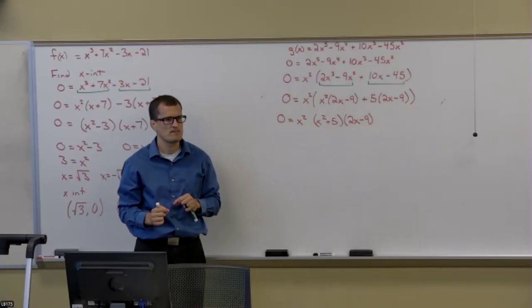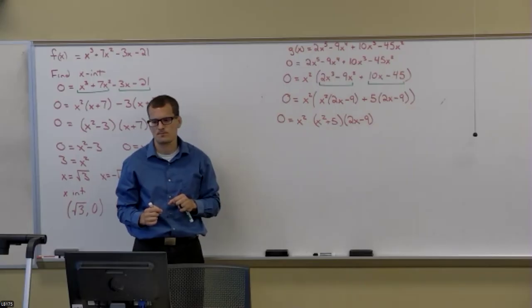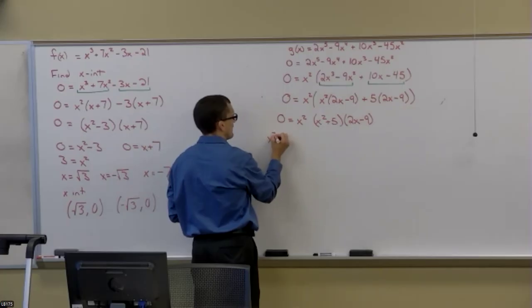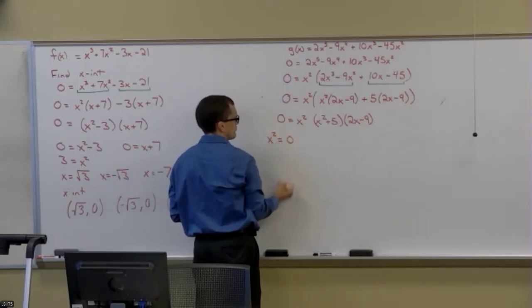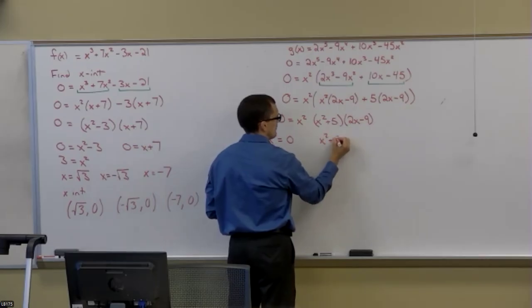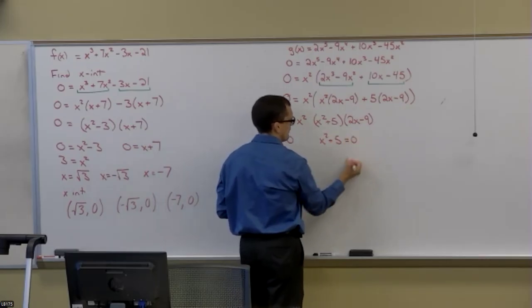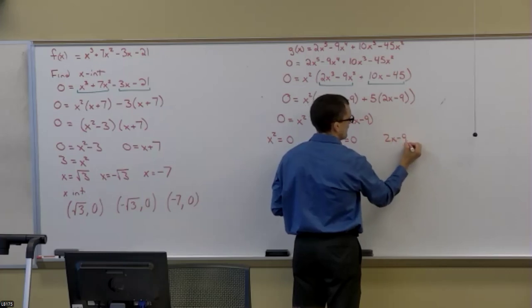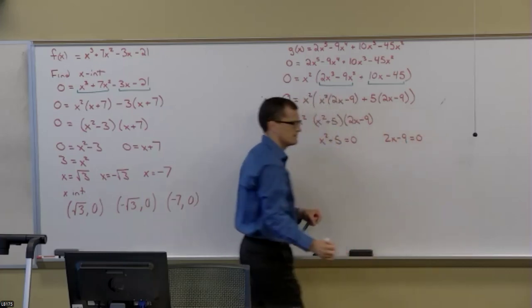Okay with that? And now set each piece equal to 0. X squared is equal to 0. X squared plus 5 is equal to 0. And 2x minus 9 will be set equal to 0.